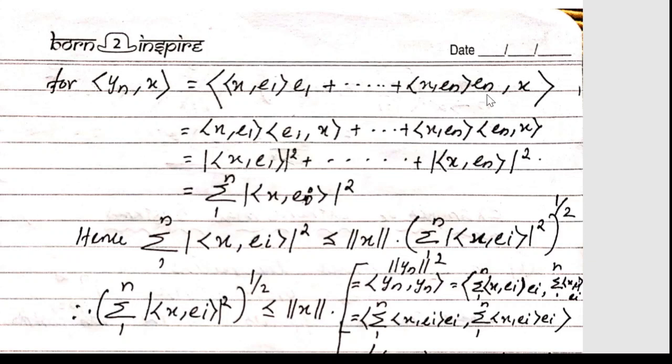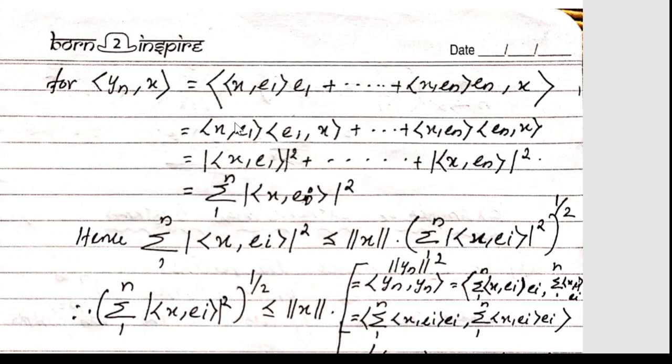Now take the linearity. That means this is a constant, and this will become the inner product of x and e_1 into the inner product of e_1 and x, plus the inner product of x and e_2 into the inner product of e_2 and x, and so on, plus the inner product of x and e_n into the inner product of e_n and x. Now each term is of the form z into z bar, that is, a number times its conjugate.